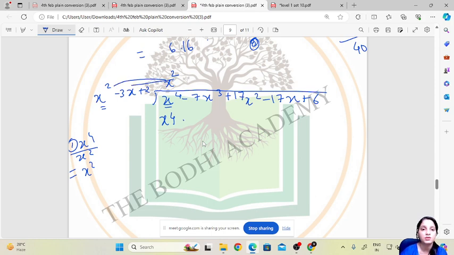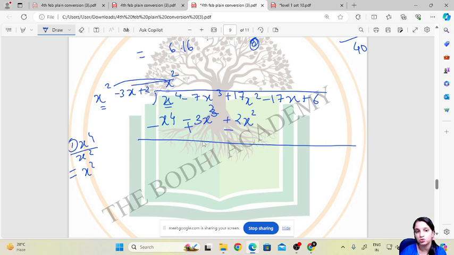Then x square into minus 3x is minus 3x cube, and x square into 2 is plus 2x square. Now minus here, plus minus, you need to change the sign, this gets cancelled. Minus 7 plus 3 is minus 4x cube, plus 17 minus 2 is plus 15x square, minus 17x plus 6.